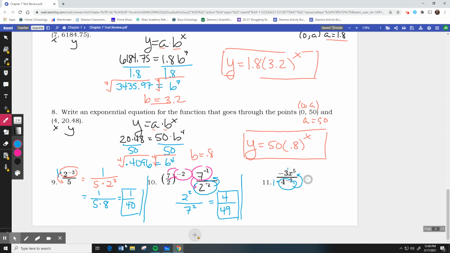So if you're thinking in terms of a fraction bar, a 1 stays there. You keep your -3x to the 5th and then times 4x to the 3rd. So then that's -3 times x to the 5th times 64 divided by 1. I don't really need that divided by 1. And when I multiply the -3 times the 64, I get -192x to the 5th.